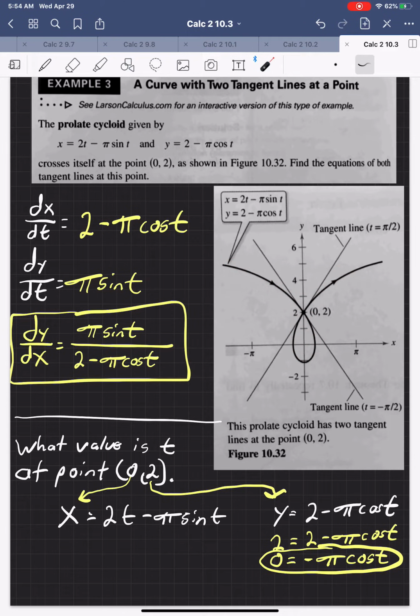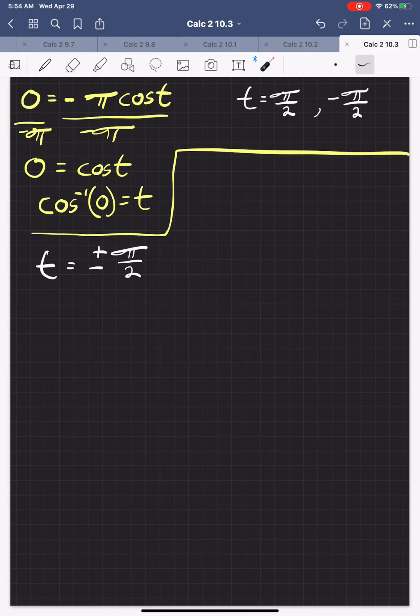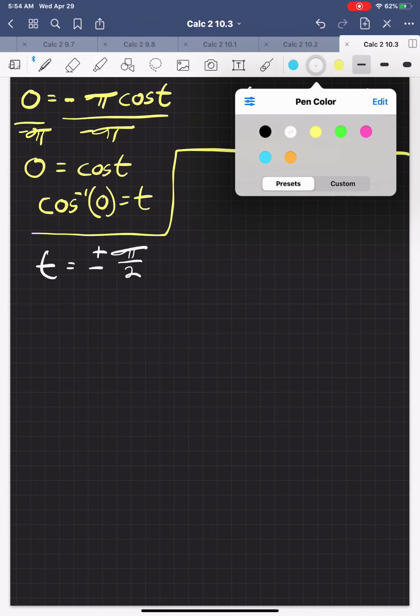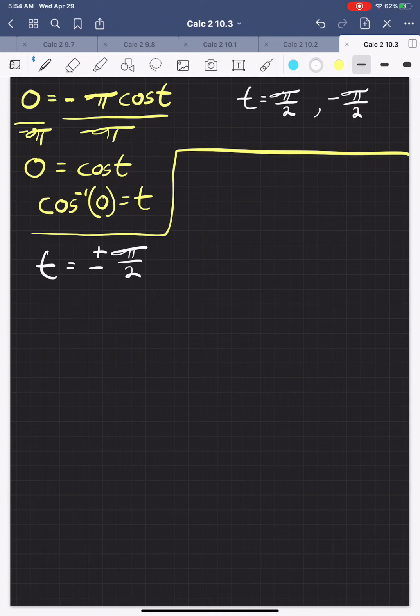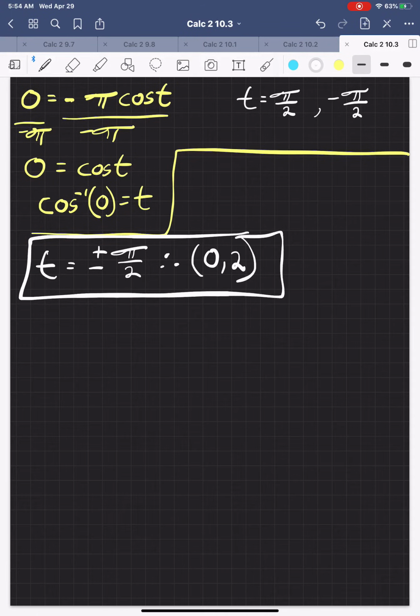So we now at least know the t values. What we just answered was that when t is equal to plus or minus pi over 2, the graph is at the point (0, 2). At these two parameters, the graph is at this point.